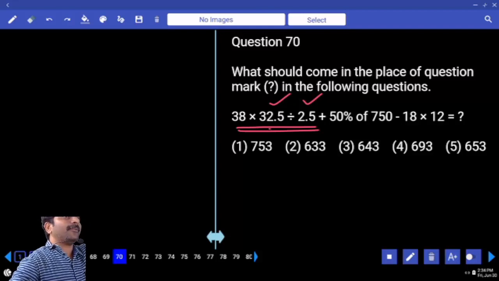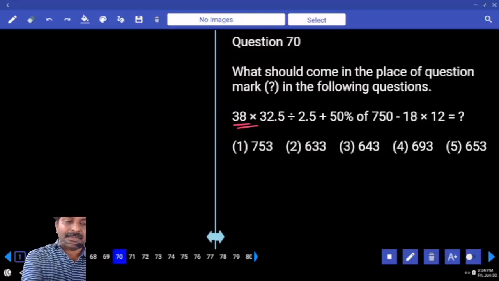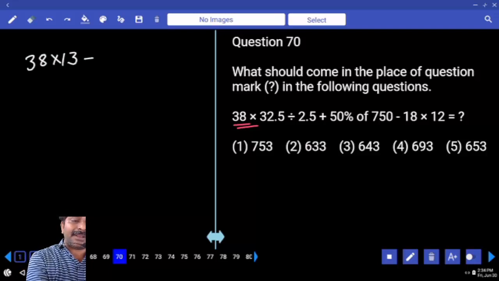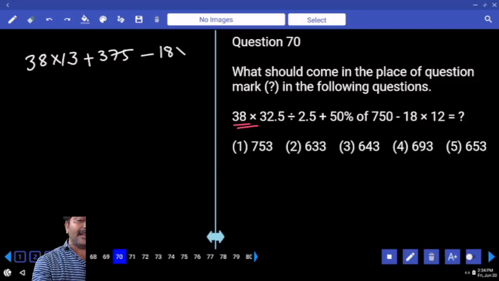And apart from 300 one more 25 is there. How many 25s are there? 13 into 38. So this number is 38 multiplied by 13 plus 50% of 750, 375 minus 18, 12 times. That's what we need to calculate, right?